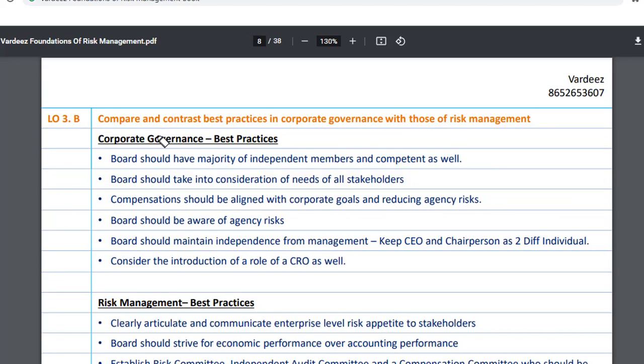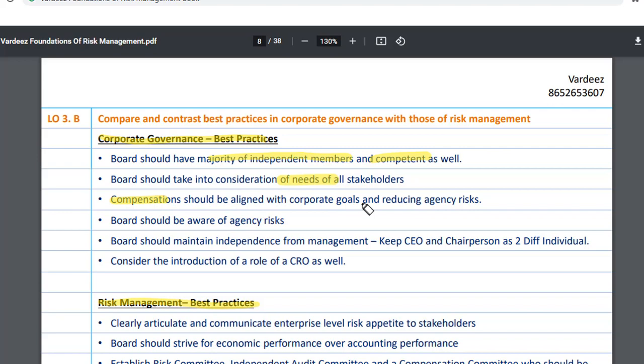Okay, next learning objective: what are the best practices in corporate governance as well as risk management? So as I said, the board should have a majority of independent members, and competent as well. This is the very first best practice, always and always. The second thing is that the board should take into consideration the needs of all stakeholders, just as we have learned in the lesson.